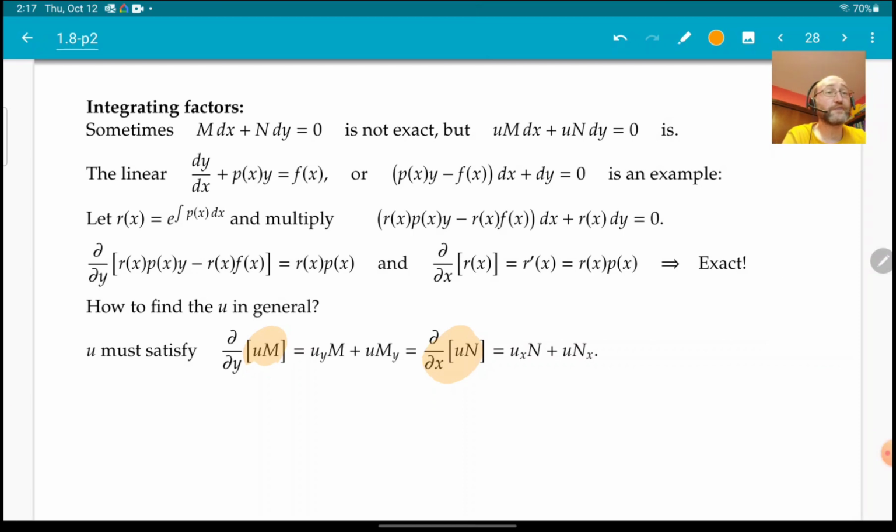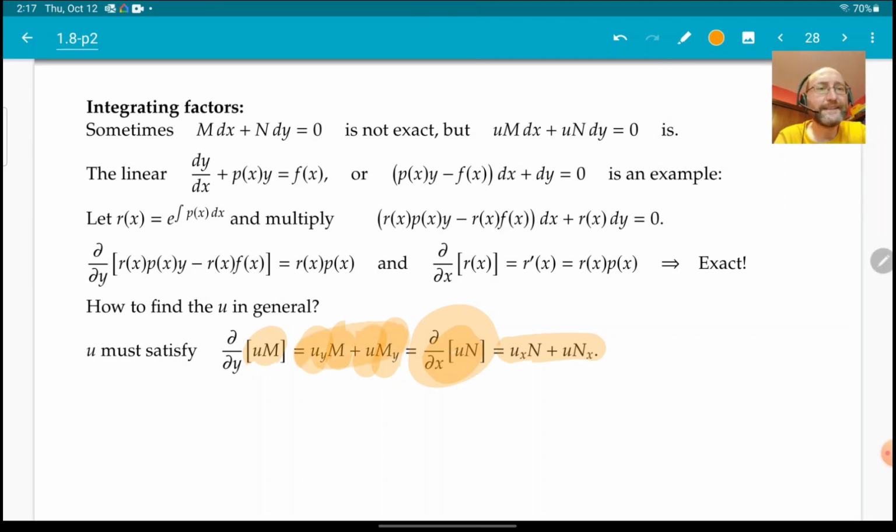I have a product of two functions, u and m, which are functions of x and y, right? So if I differentiate in y, I get the y derivative of u times m plus u times the y derivative of m, right? And I'm supposed to get that that's the same thing as this, which for the same reason is u sub x times n plus u times n sub x, right?